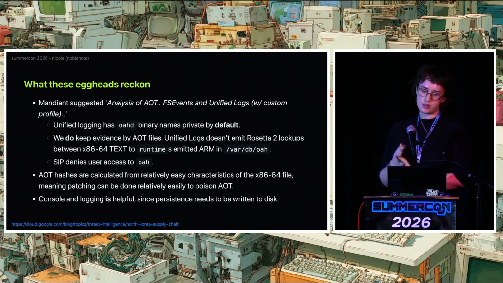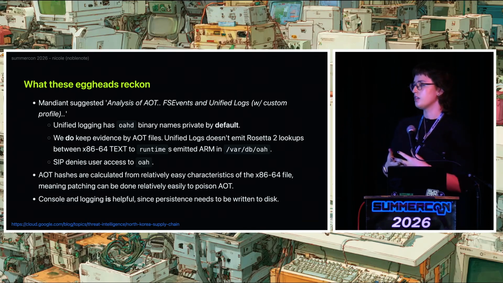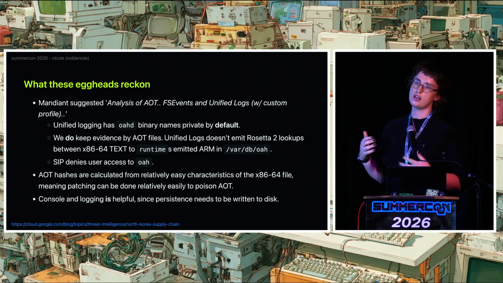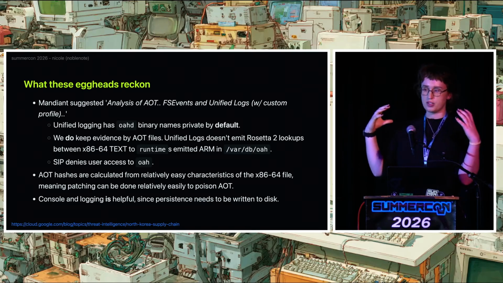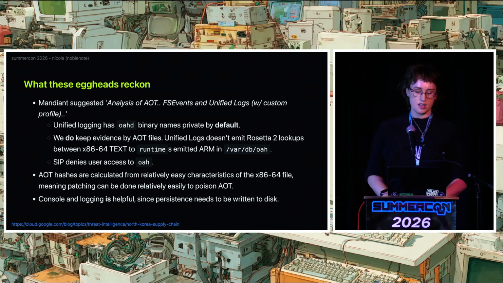It does get tracked by unified logs and FS events by default, which is just the logging. But in terms of being specific about what Rosetta, the runtime, is doing, or what file is being pulled from the OAH AOT cache of all these translated files, it just says private by default. So it's pretty hard to do a bunch of forensics against it.